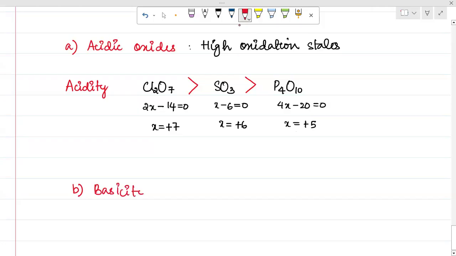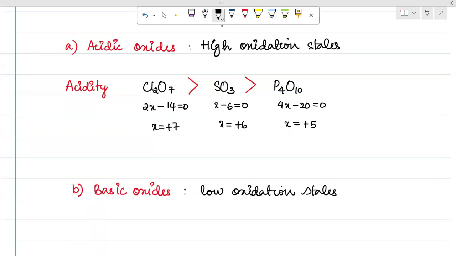Basicity, as we said, is the tendency of the species to donate the lone pair of electrons. Basic oxides, hence, should possess low oxidation states, preferably less than or equal to 2.